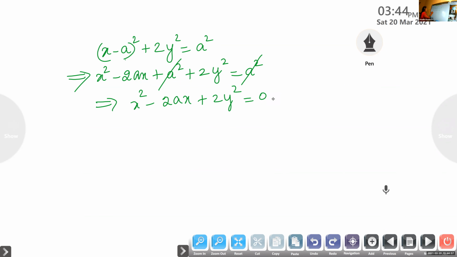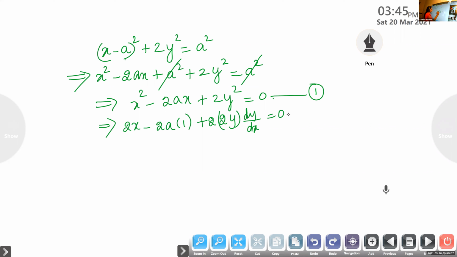Now differentiate. I name this as equation 1. Differentiating, we get 2x minus 2a into the derivative of x, which is 1, plus 2 into the derivative of y square, which is 2y dy by dx, is equal to 0.